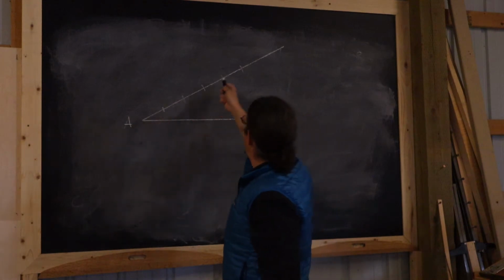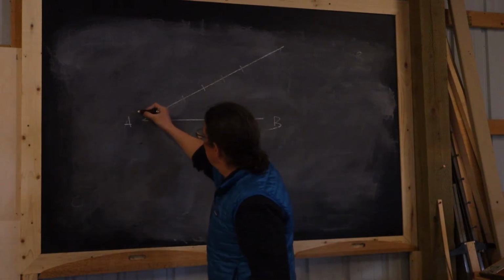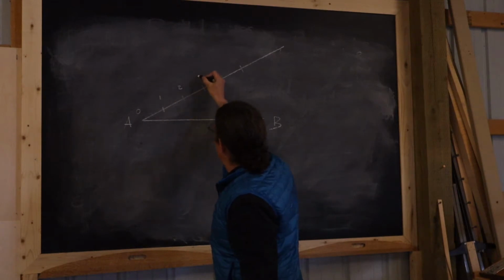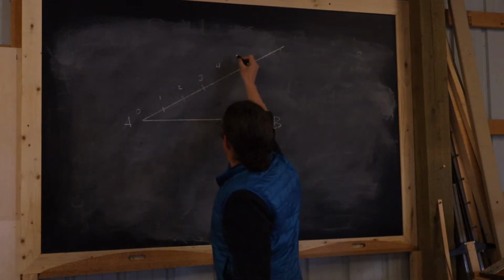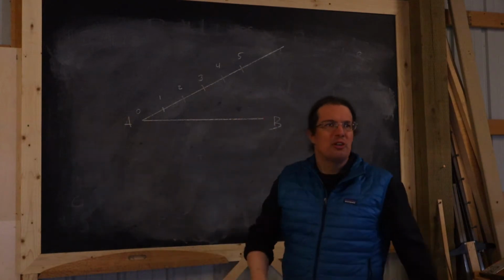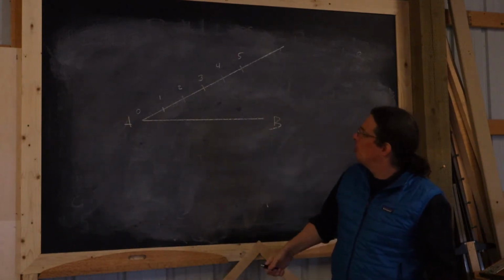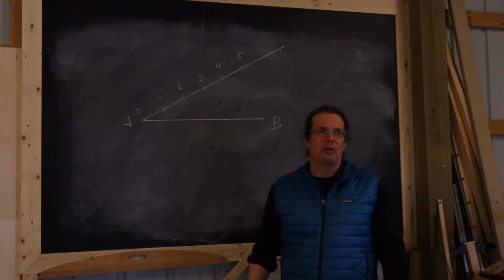And then from A to that last mark, I'm going to label those as 0, 1, 2, 3, 4, and 5 steps. You won't always do this, but it's a good habit to get into when we're learning this technique.